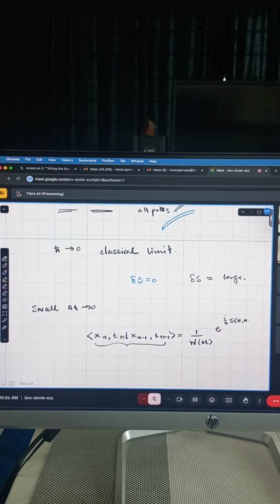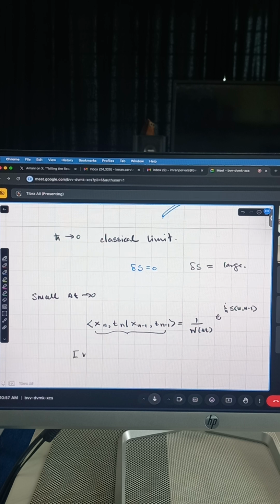Okay? Are there any questions? So the normalization factor will have dimension of length, right?